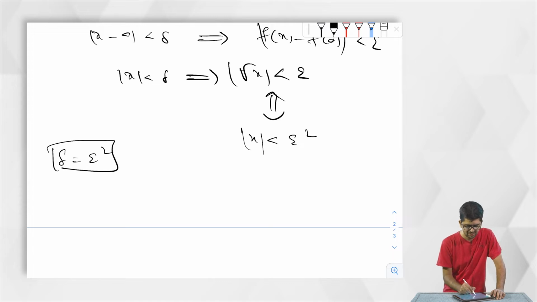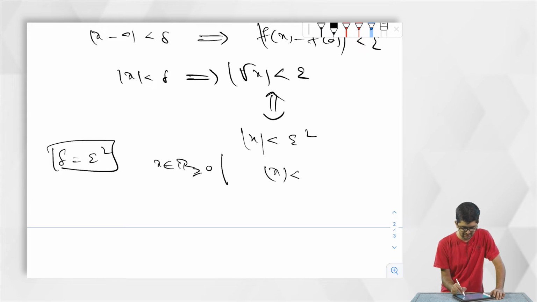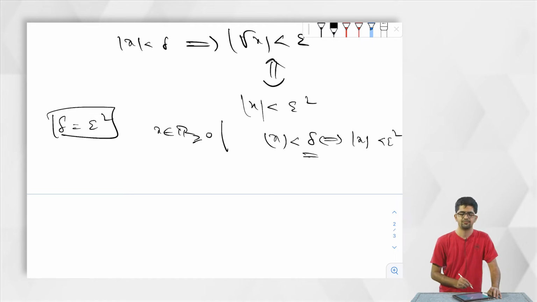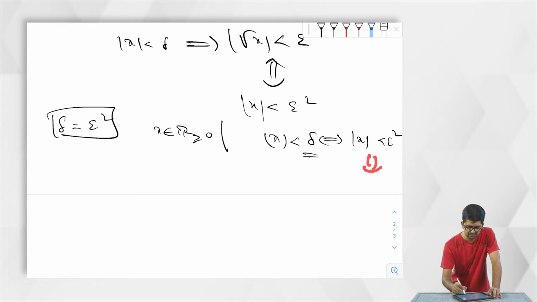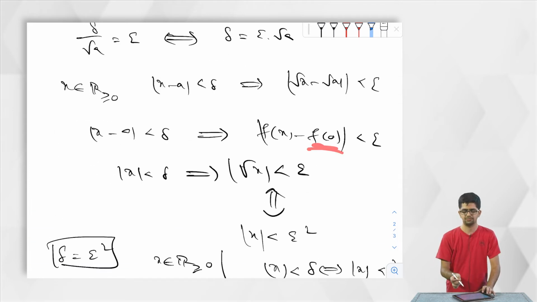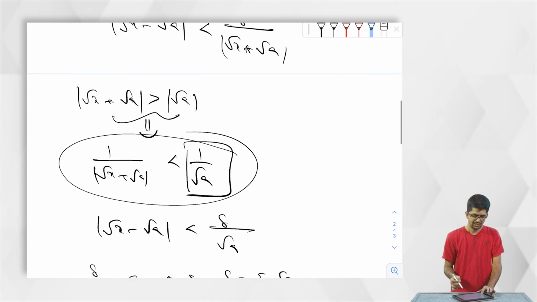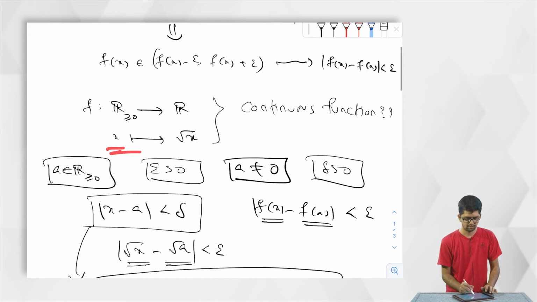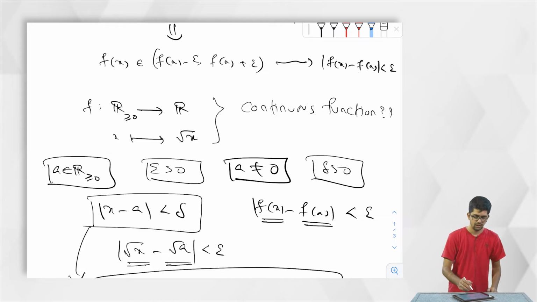Then whenever x belongs to R positive is such that mod x is less than delta, which is the same thing as less than epsilon square, this implies root x is less than epsilon, and this is what we want. F of 0 is 0 here, so I'm not writing that. So this says this square root function f from R positive to R given by x goes to root x is a continuous function on the domain of that function.